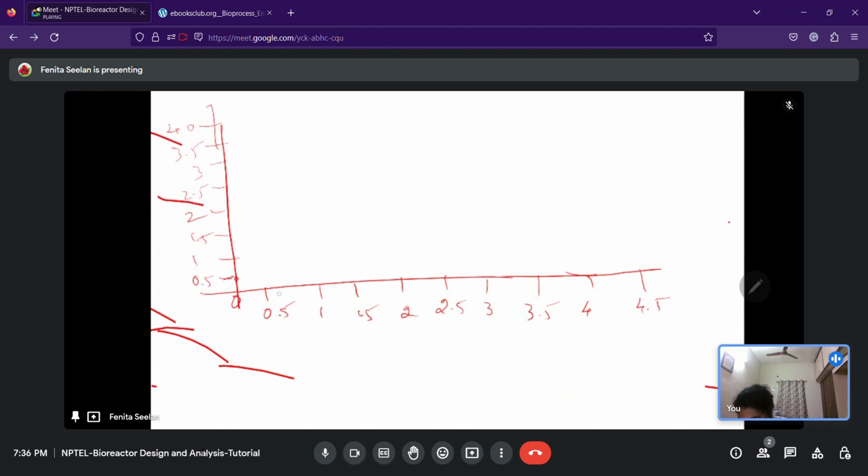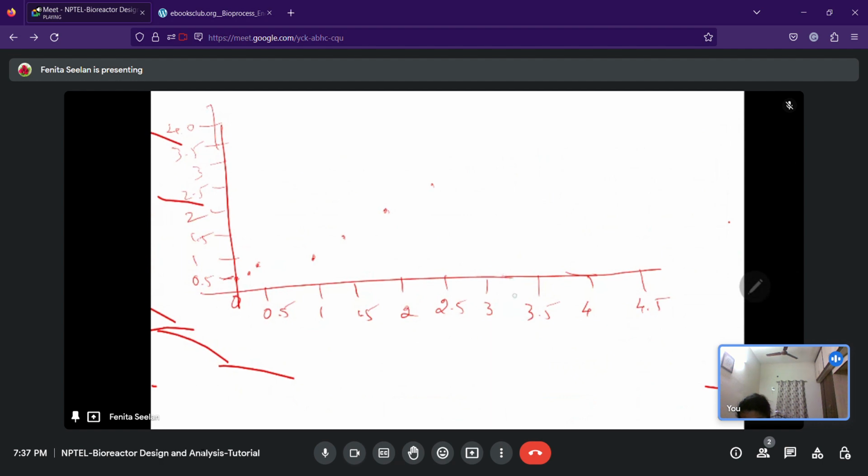For 0.2 it is 0.52, and for 0.5 it is 0.65, for 1 it is 0.81, for 1.5 it is 1.77, for 2.5 it is 2.1, so it is rising actually.